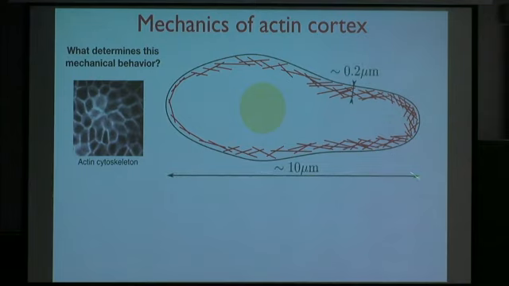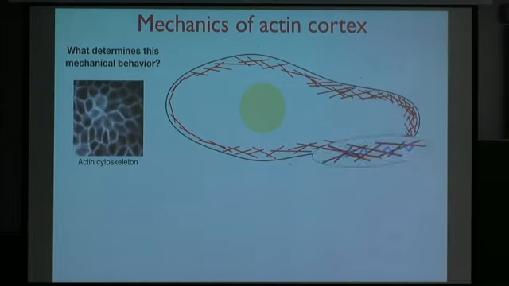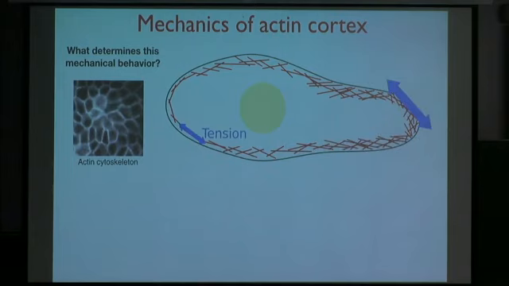So it's very thin compared to the size of the cell, so you can think of it as a quasi-two-dimensional object. And there are molecular motors, myosin motors, that are able to create an active tension in this network.